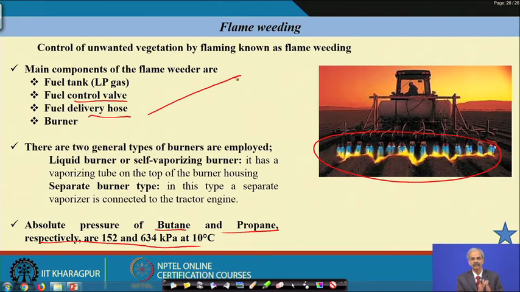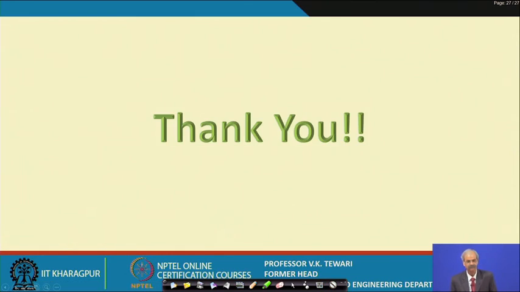What are the different methodologies to use to remove them? We do not say remove, we say control them. We have discussed this today, and if you have any questions, we would like to answer them. I think we close this first part of the weeding operation here. Thank you very much.